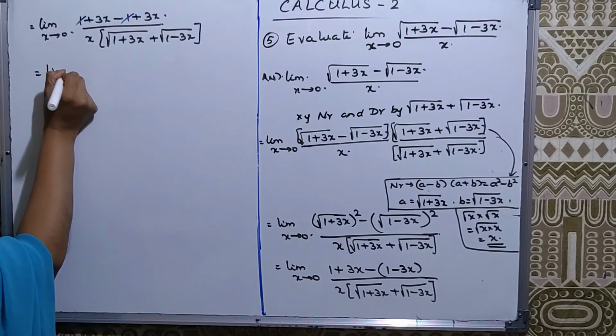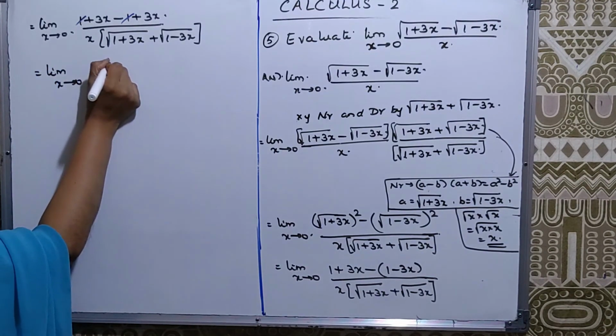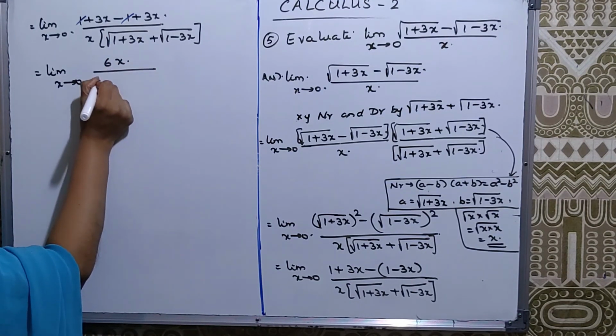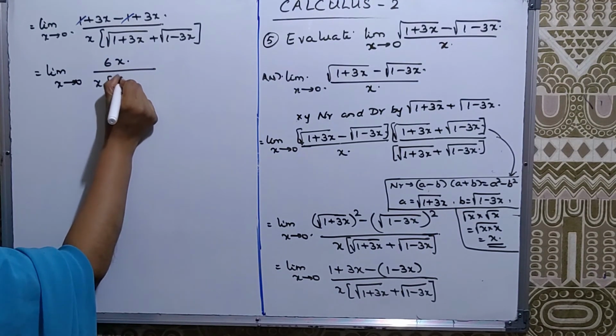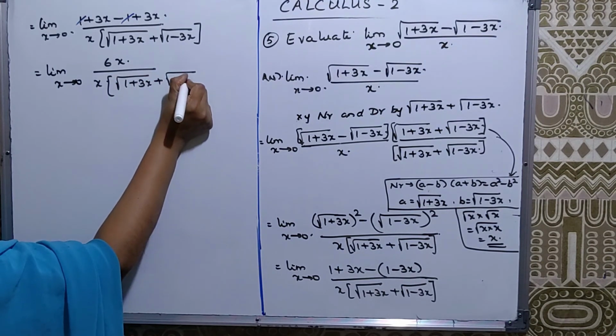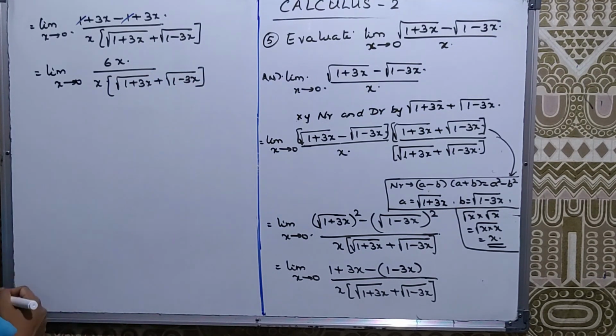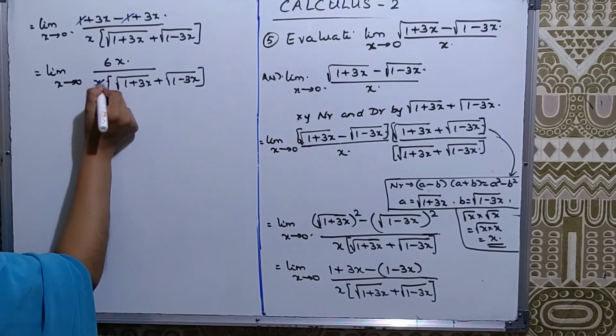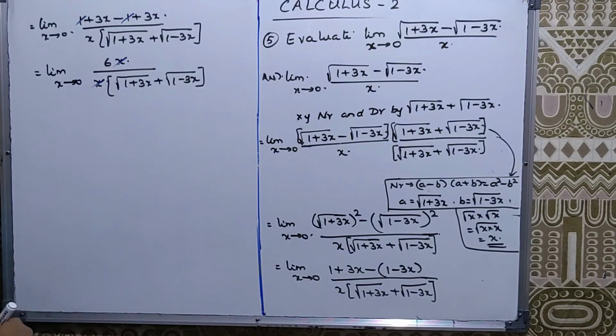So limit x tends to 0, 6x divided by x into root of 1 plus 3x plus root of 1 minus 3x. Now the x term in the numerator and in the denominator will be cancelled.